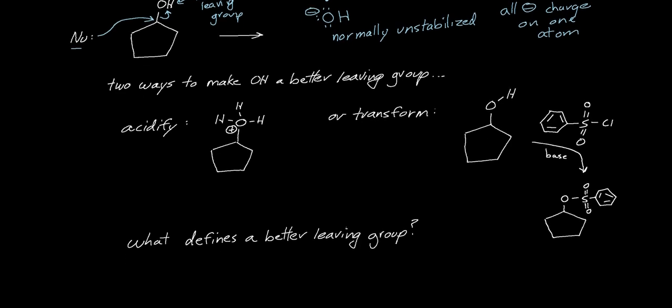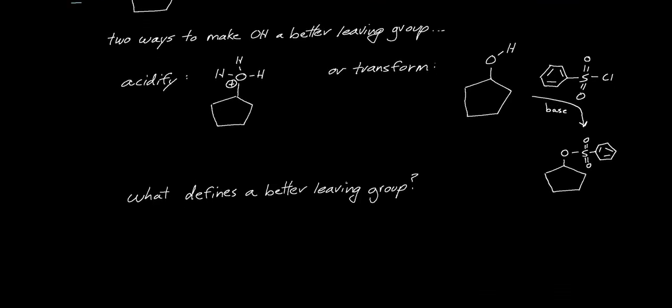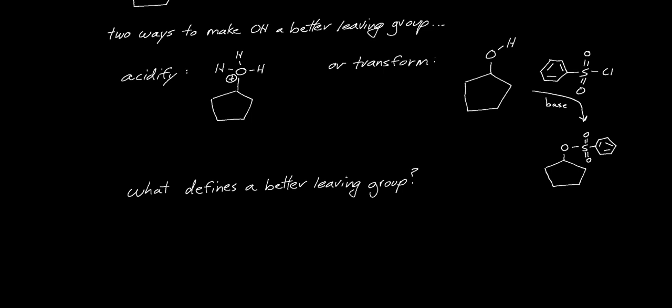So when reactions like this don't work, we have to look for ways to make OH a better leaving group. One way is to acidify. If you acidify, you protonate the oxygen, your nucleophile now can come in and form the new bond, displace this bond, and pardon me, there's an error here where there's an extra hydrogen.